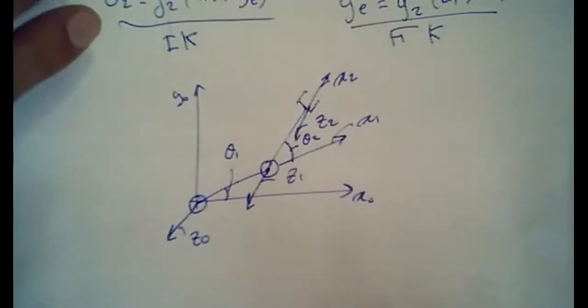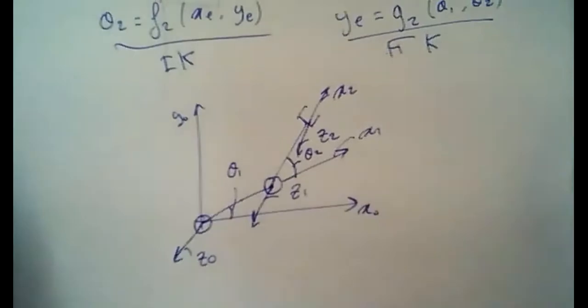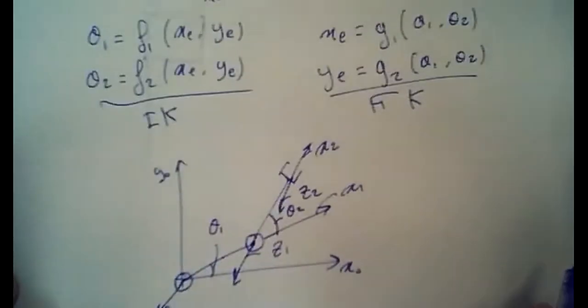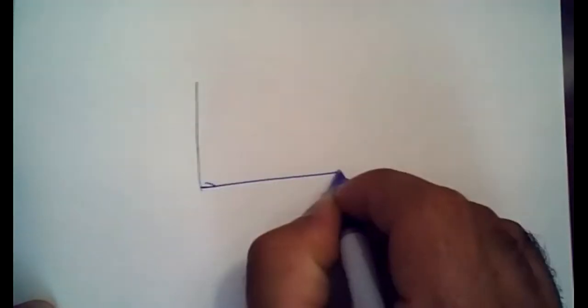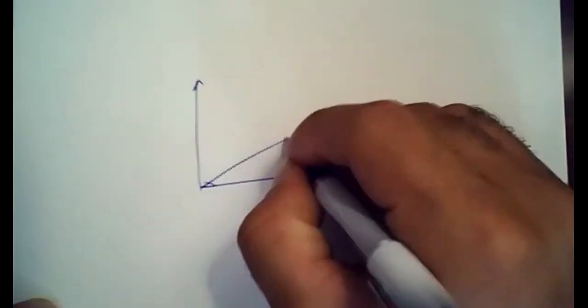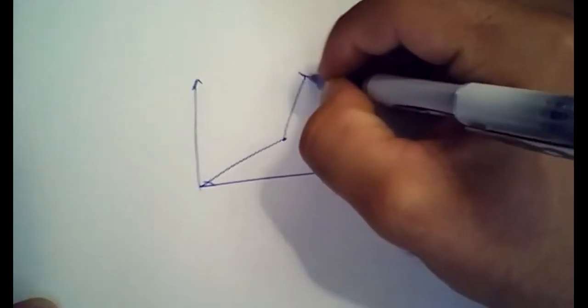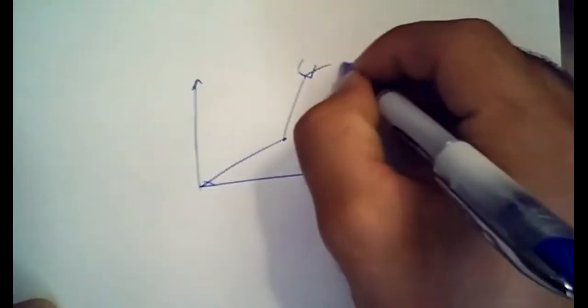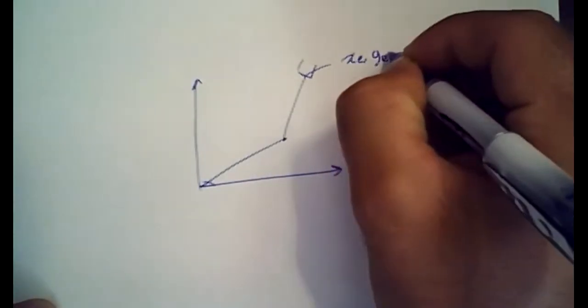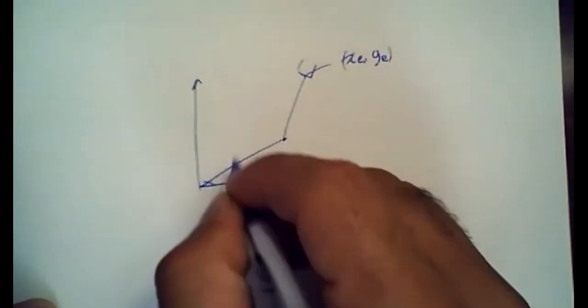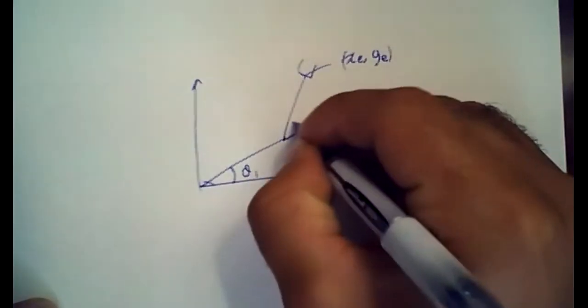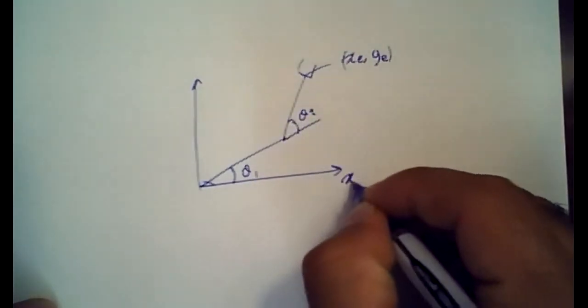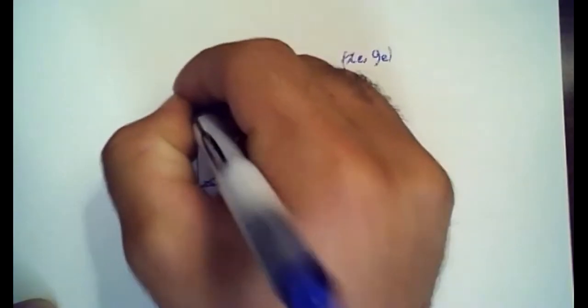Now I need you guys to help me solve the inverse kinematics of this. Let's try and solve it on a new paper. This guy is my XE, YE, and this is my X0, Y0.